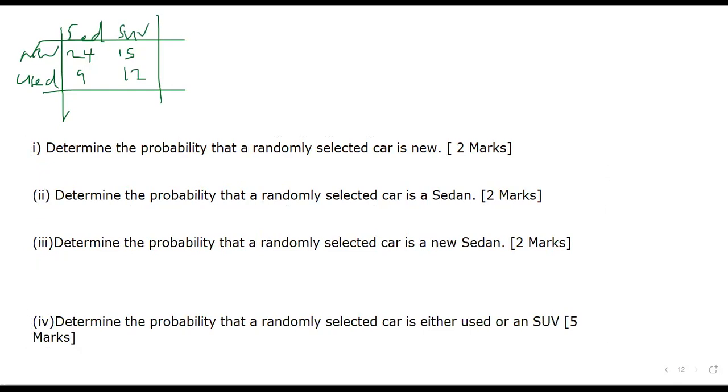Let's start with the side totals. 24 plus 15, what do we get? 39. 9 plus 12, what do we get? 21. Then 9 plus 24, what do we get?